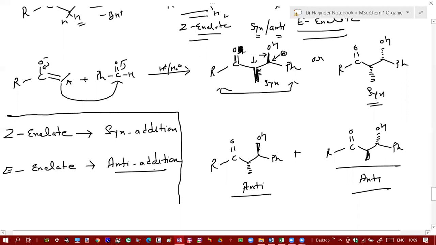And we can selectively prepare E and Z enolates, or we can separate them. So if you have a Z enolate and treat it with another carbonyl compound, which addition will take place? Syn. And if you have an E enolate, anti addition will take place. This point is clear? Yes, sir.